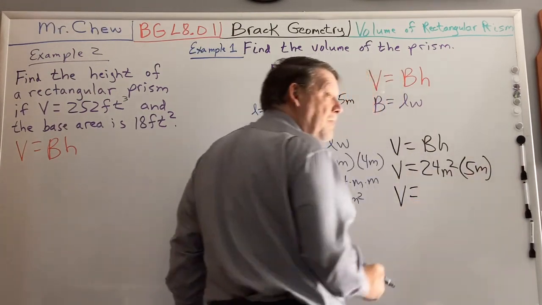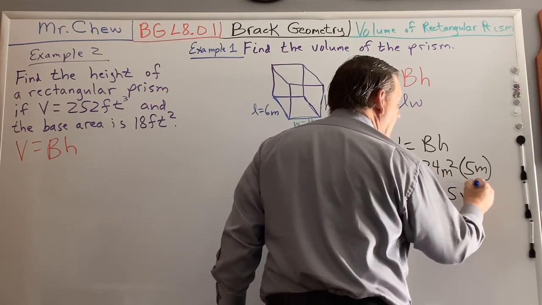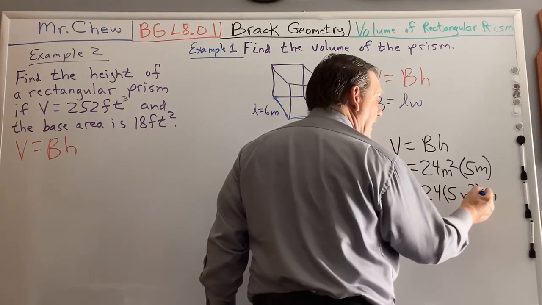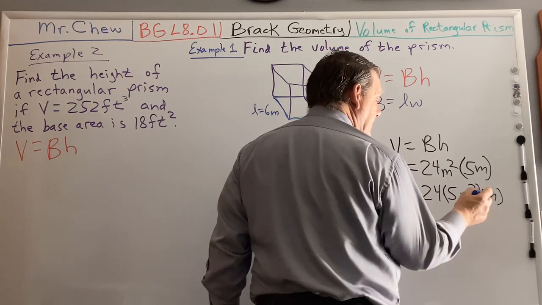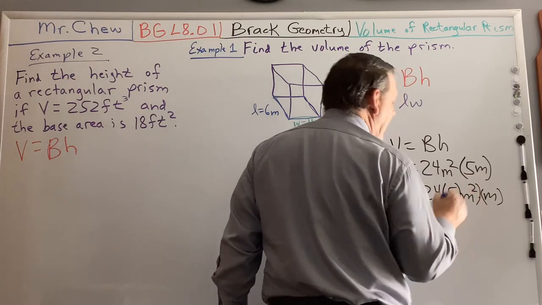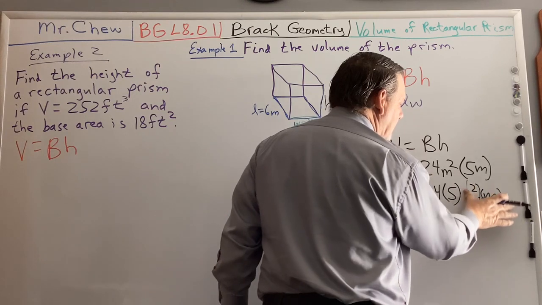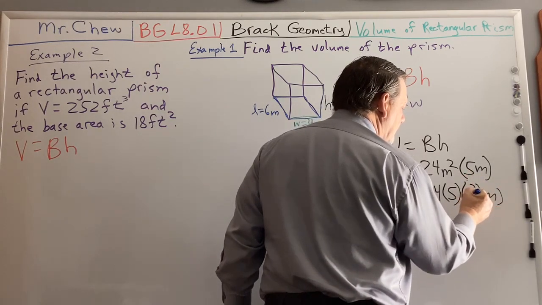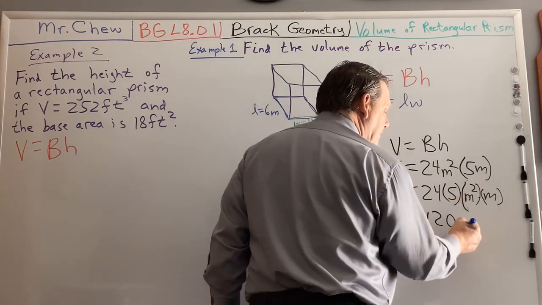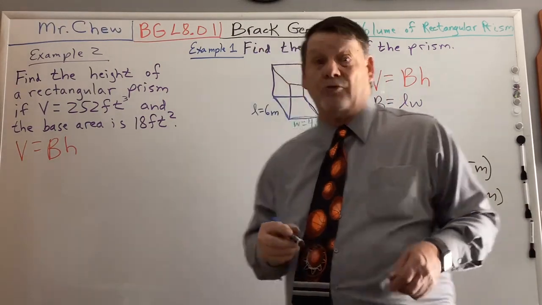Now once again, I use my commutative property of multiplication to reorder the multiplication problem. 24 times 5, and meters squared times meters. So 24 times 5 is 120. Meters squared times meters is meters cubed. Volume will always be in cubic meters.